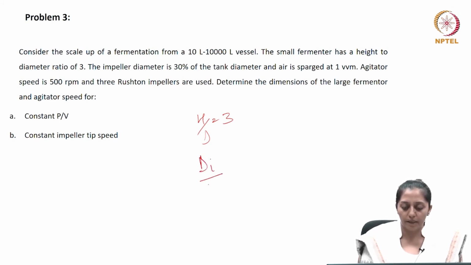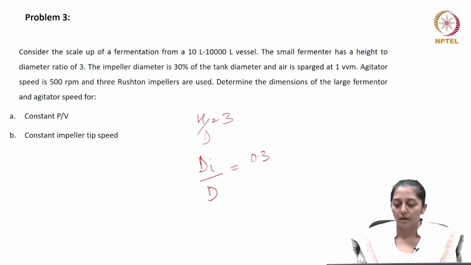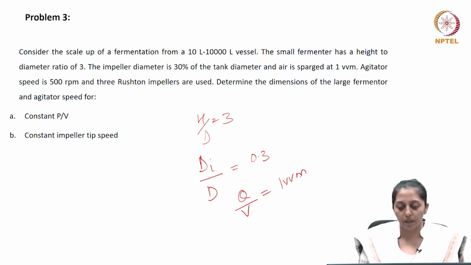So, Di by D is also given as 0.3. Q by V is given to us as 1 VVM, where Q was the volumetric gas flow rate and V is the volume. So, the air sparging rate is 1 VVM.